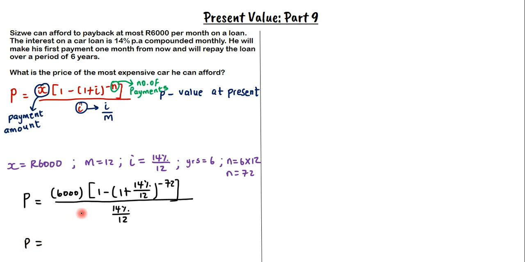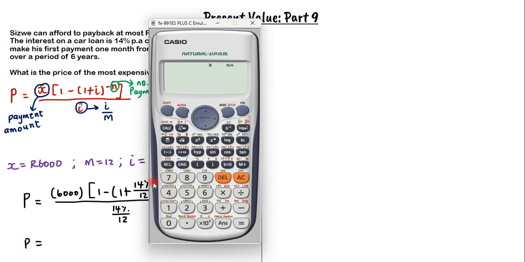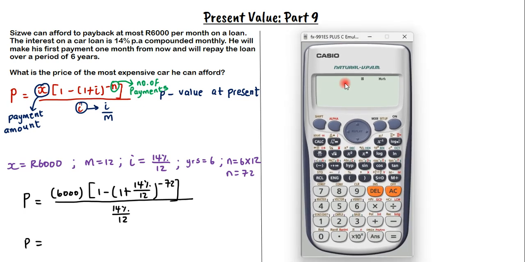Now we're going to press this into our calculator. So we have 6,000, and then 1 minus 1 plus 14% over 12, to the power of minus 72, close that, over 14% over 12. That is going to be the total amount of the loan that Sizwe can afford.